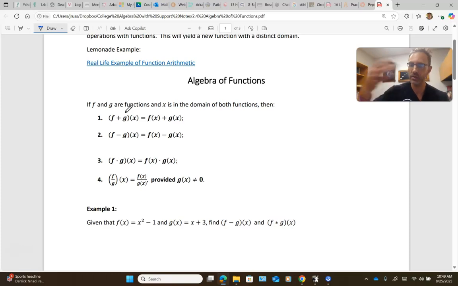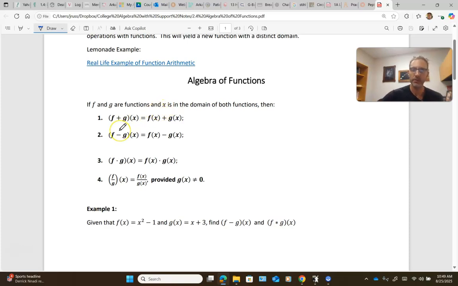So you still use that function notation. And then on the right-hand side, you can see this is how it's defined. You literally take f of x, or whatever function f is, and you add it to g of x, or whatever function g is. And usually this is just going to involve a lot of combining like terms.